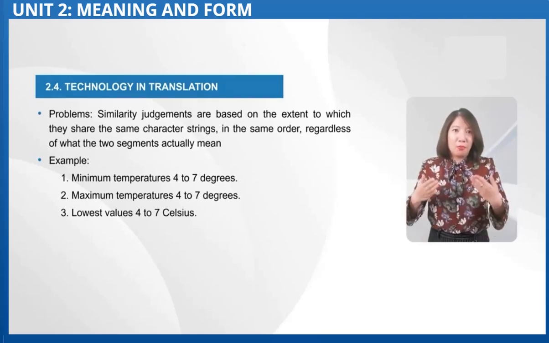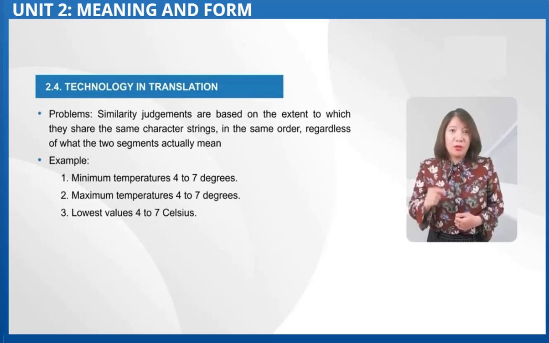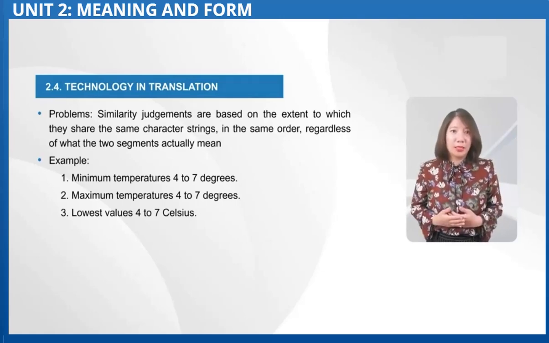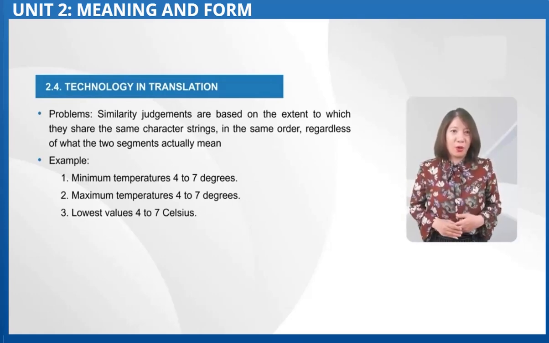So in machine translation, they will be considered equivalent. And the sentence lowest values 4 to 7 Celsius, although it expresses the same meaning, is in a different form of words, so it is considered non-equivalent. So that is the problem.